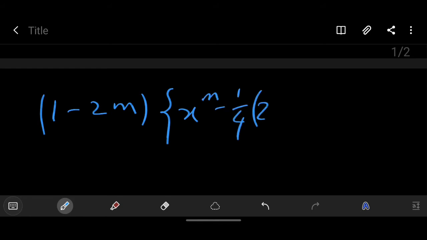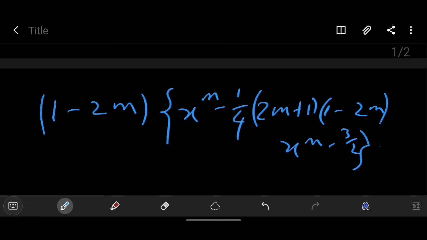If we simplify this, we can get at the end 1 minus 2m into x power m minus 1 by 4, 2m plus 1, 1 minus 2m, x power m minus 3 by 2, the whole thing equals 0. If we multiply two things and get 0, that means at least one of them has to be 0.